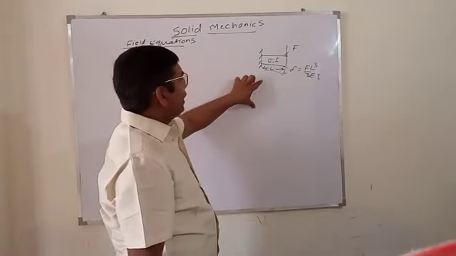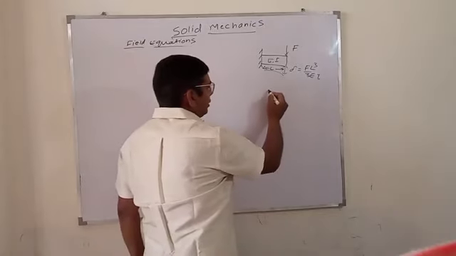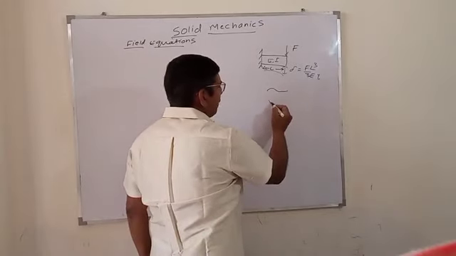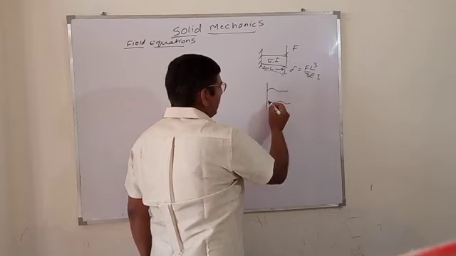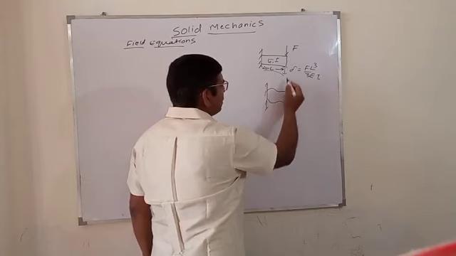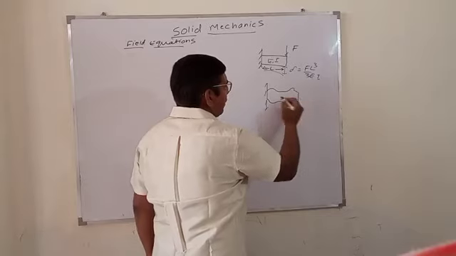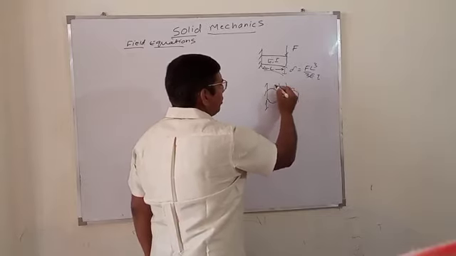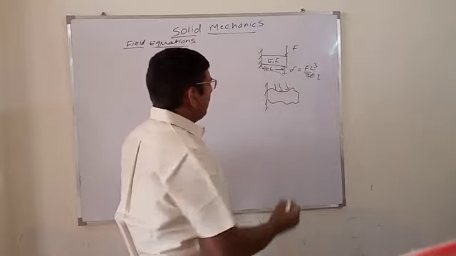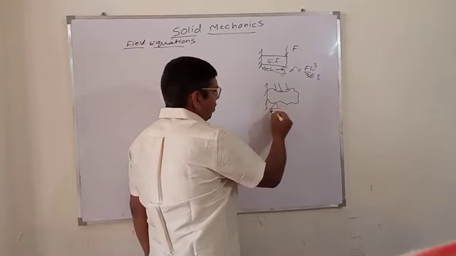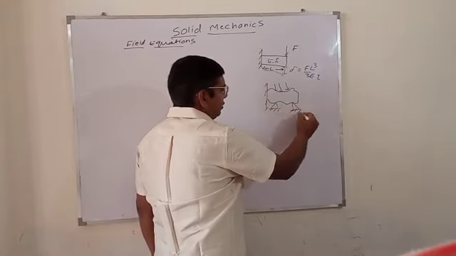But what will happen if we choose a shape which is not very simple, which is complex, like this kind of shape, and moreover the loading is also different, and the boundary condition is again complicated?